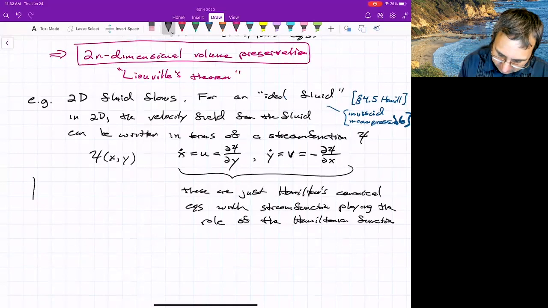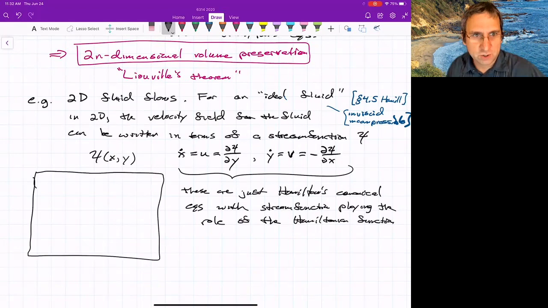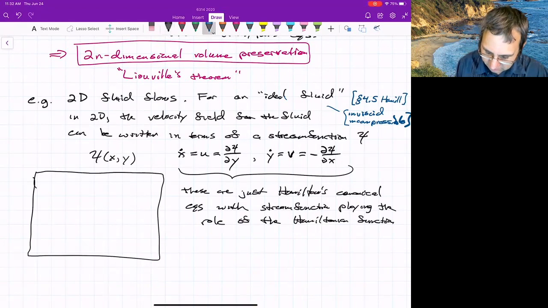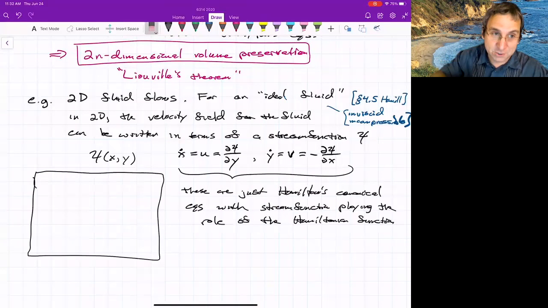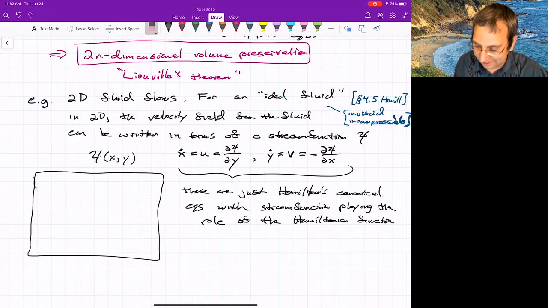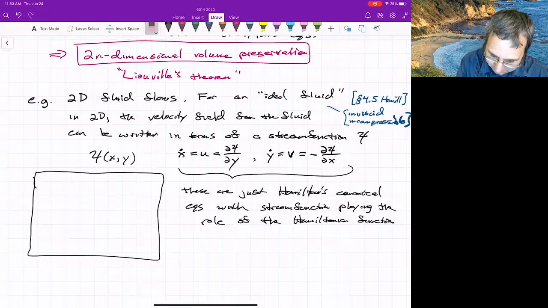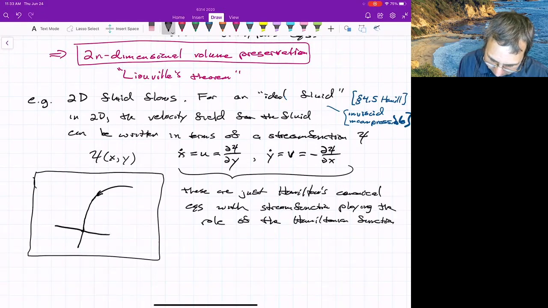So if you look at weather maps, they'll often just show the stream function at a particular height in the atmosphere. So you're actually seeing contours of the stream function, which means it shows the direction particles will go. So completely analogous to everything we've talked about for Hamiltonian systems. Sometimes it'll even have saddle points.